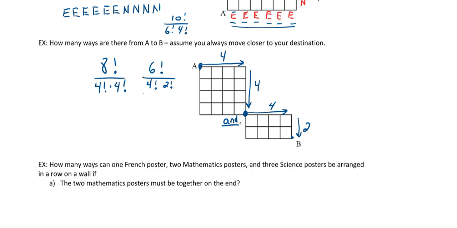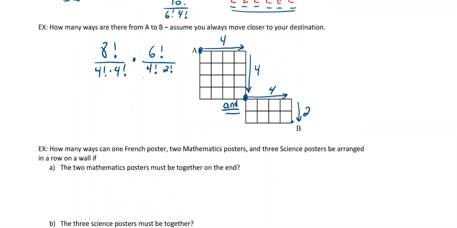But since it's an and situation, we multiply. This is that whole thing: if you have 4 different shirts and 3 different pants, how many different outfits can you wear, right? Well, that'd be the number of ways for your shirts and the number of ways for your pants. This is the same thing, right? So we multiply those situations.